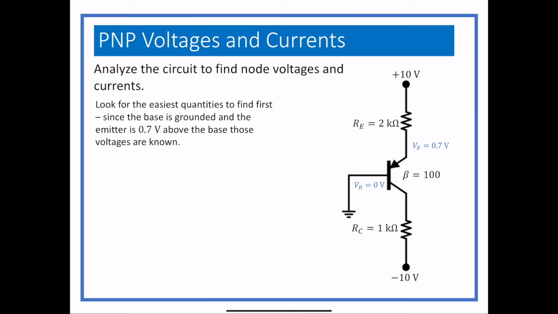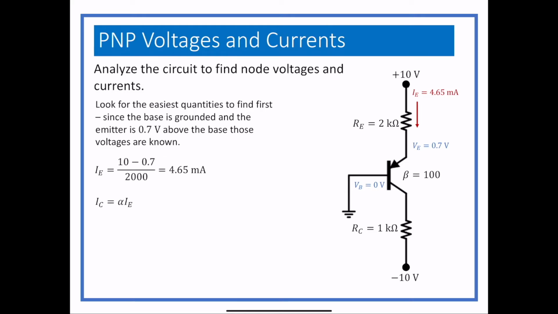We can find IE really easily because we know the voltage at the top of RE, we know the voltage at the bottom of RE, and we know the value of RE. So we can find IE just using Ohm's law. Then we can use the alpha/beta relationship, because beta is given, and that's frequently the way it is given, put next to the transistor in the circuit, passed on to whoever is analyzing it, if there's room on the page.